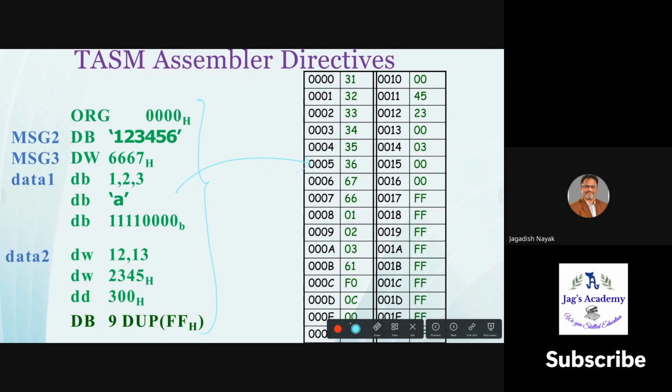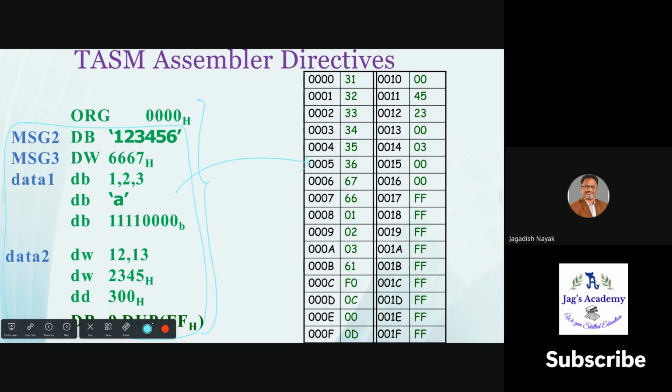So these are the data part. All of you know about it. This data will be saved in the memory from the offset address 0000. And I told you message is DB, it is an array of characters. It's a string, right? So within single quote or double quote, this is an array of characters.